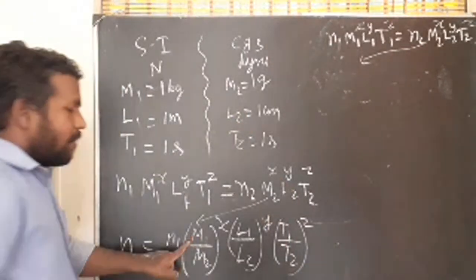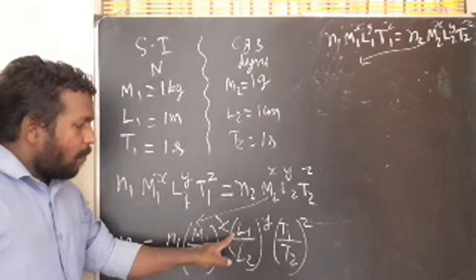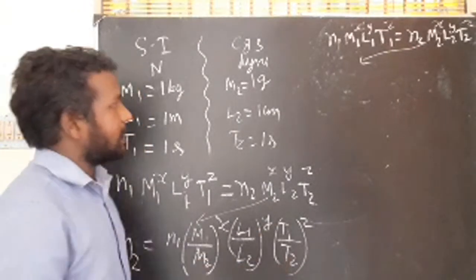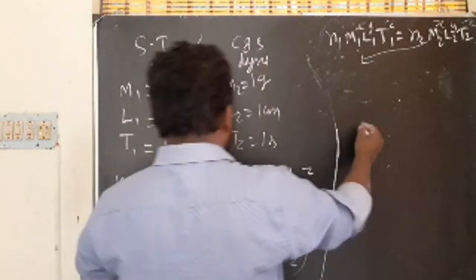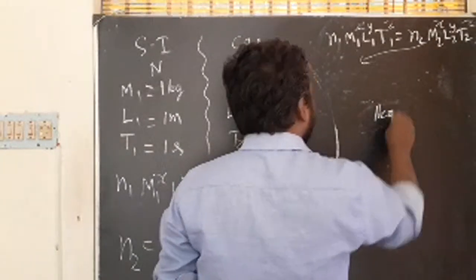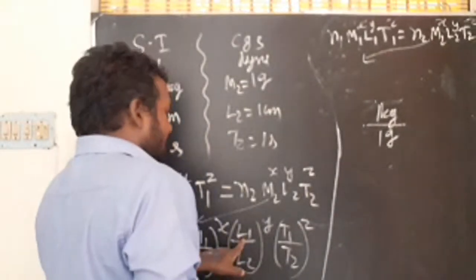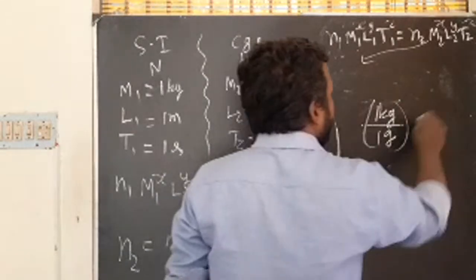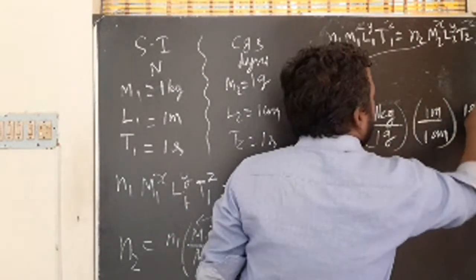Now M1 is how much? 1 kg. M2 is 1 gram. 1 meter, 1 centimeter, 1 second, 1 second. See here what I am going to do. So 1 kg divided by 1 gram, then 1 meter divided by 1 centimeter, and 1 second divided by 1 second.